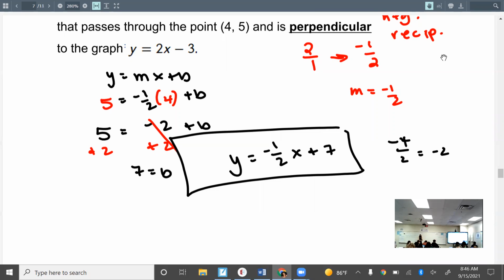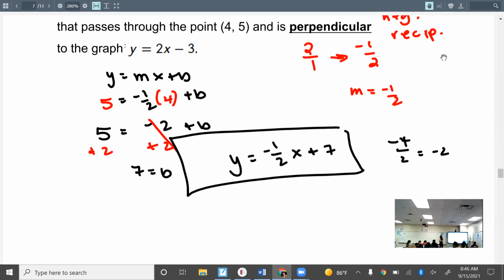And then use that slope and the given point to find your y-intercept. The only mistakes that I see a lot is kids just mixing up the x and y. Make sure you have 5 in the y spot and 4 in the x spot. And simplify. -1/2 times 4 is -2.